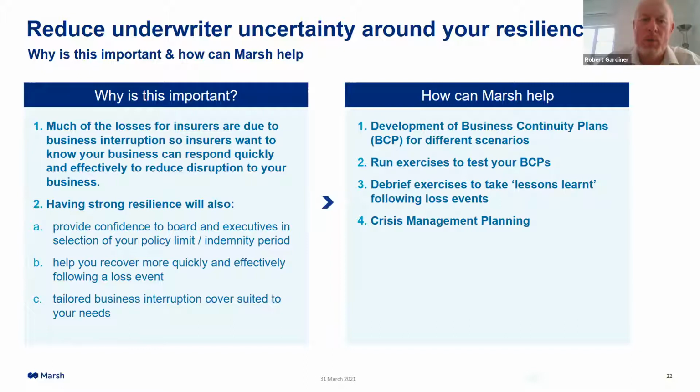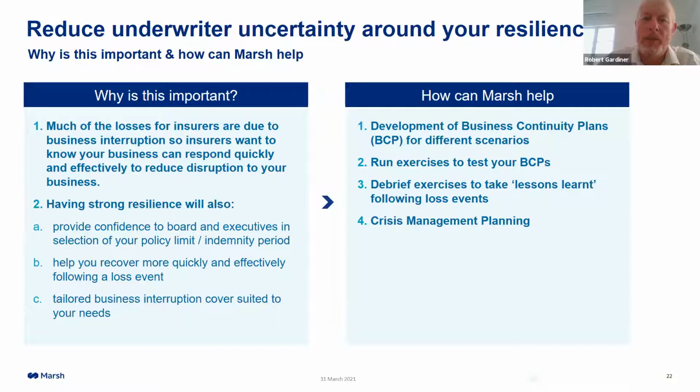So, what are our clients doing? It's about making sure that we fully understand our exposures as an organization. So how does that happen? That's about doing a business impact analysis to understand the key functions that the business requires to generate revenue or provide a service. It's about quantifying that exposure in terms of declared value that we talked about earlier.